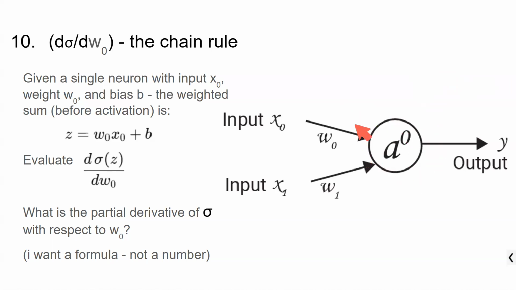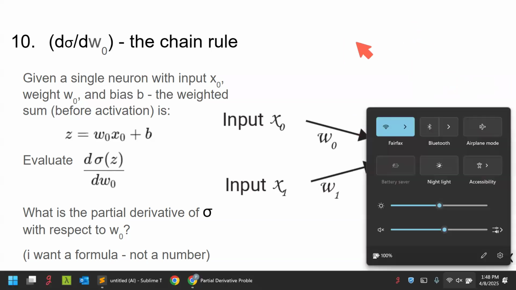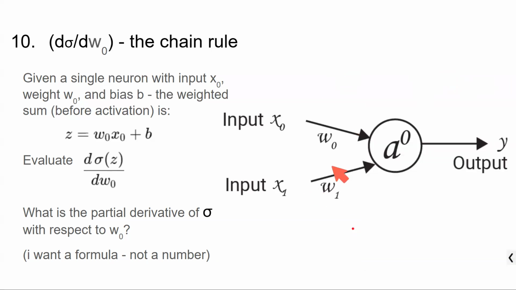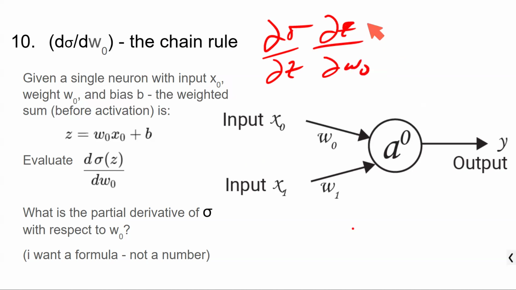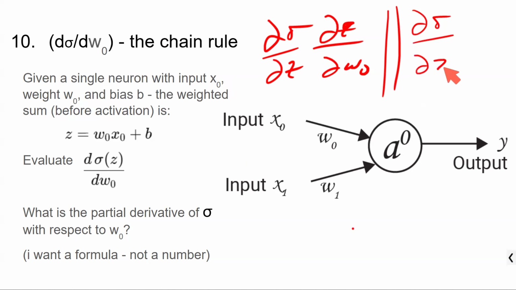There's d sigma dz, dz dw0, that's this one. And d sigma dz, dz dw1.